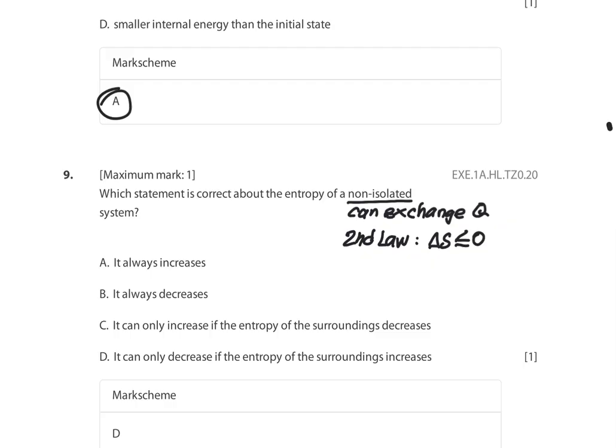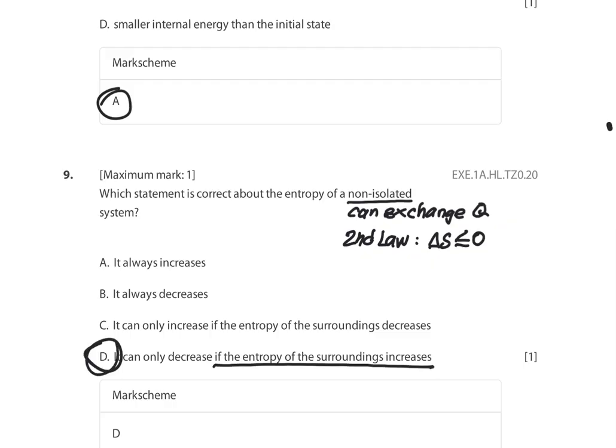You can decrease the entropy of a system and increase the entropy of its environment more than the system has lost. As long as it's positive or zero, usually it's positive. There's usually a net increase in entropy in real systems. It is possible for the change in entropy to be zero. It is not possible for the change of entropy for the system and its environment to be negative.